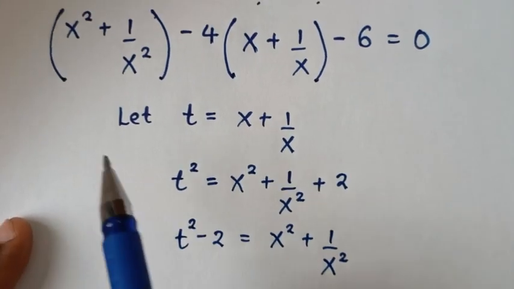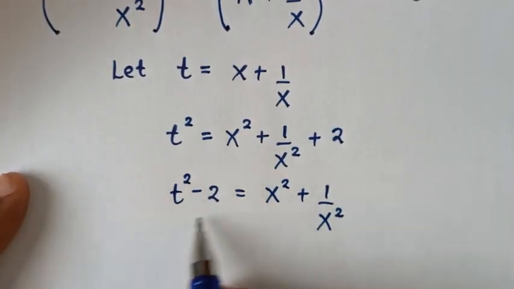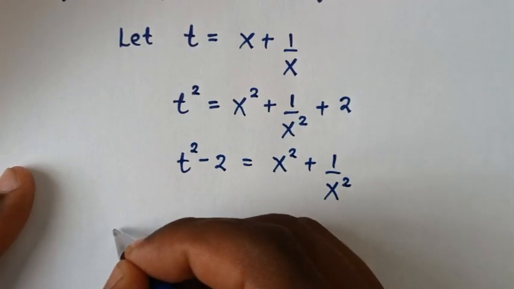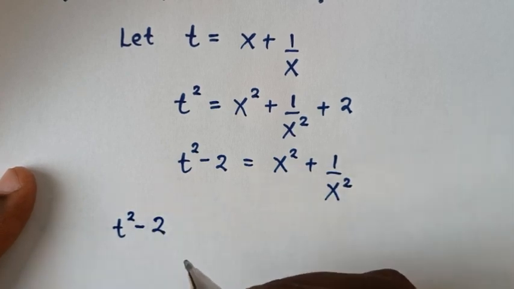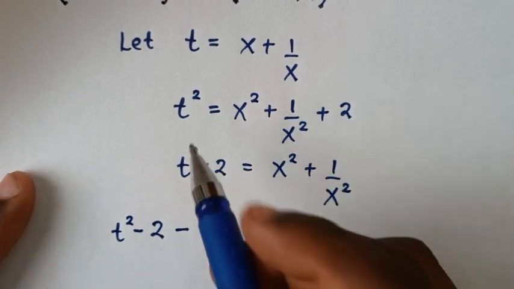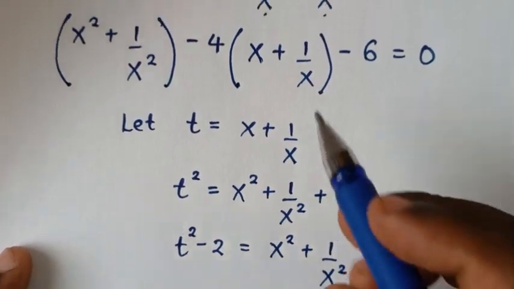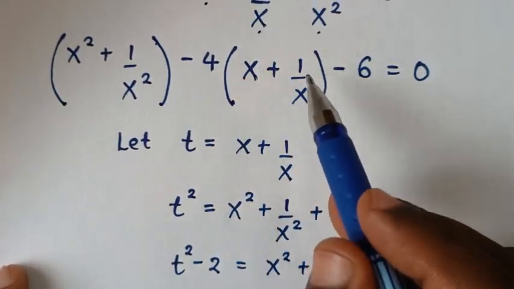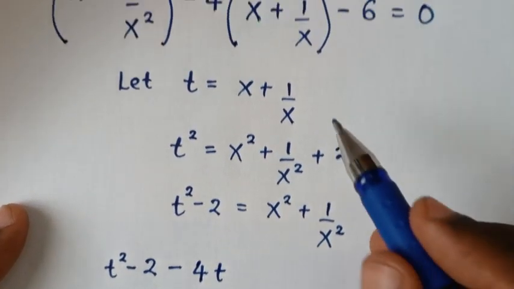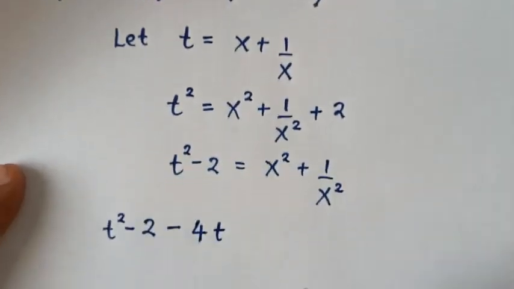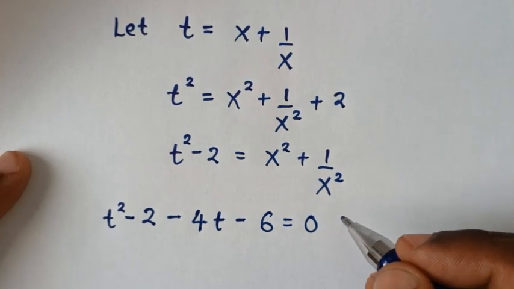Then from here, x² + 1/x², we will substitute this here, so it will be t² − 2, then minus this 4 here. Then from here, x + 1/x is t, so here it will be 4t, then minus 6 is equal to 0.